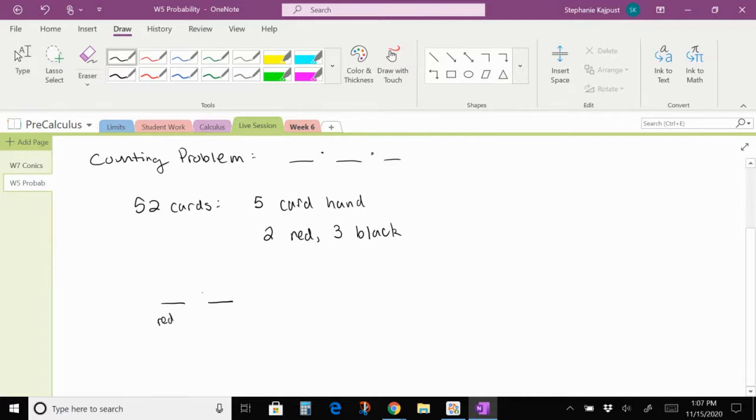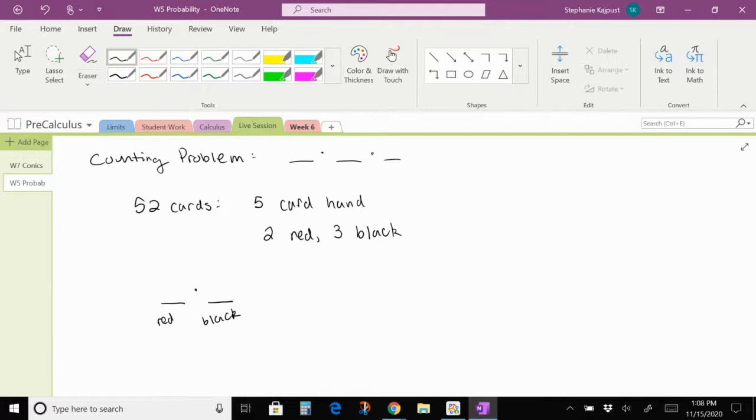We can think of this as multiplying our totals for the number of red and the number of black, but we're doing combinations now. We're not just saying there are 2 reds and 3 black, which gives me 6, 2 times 3.